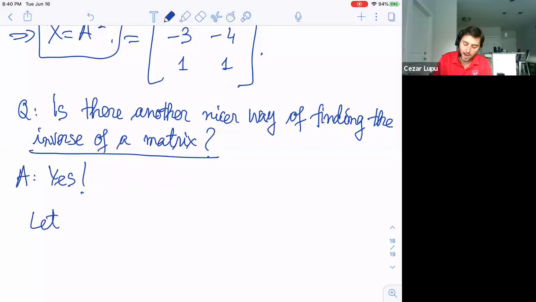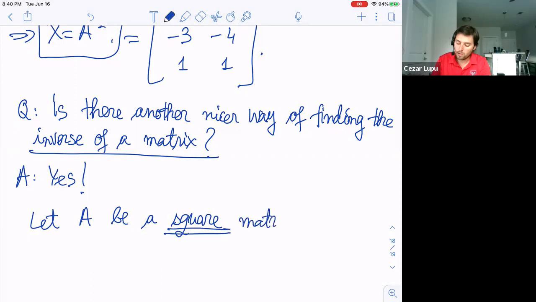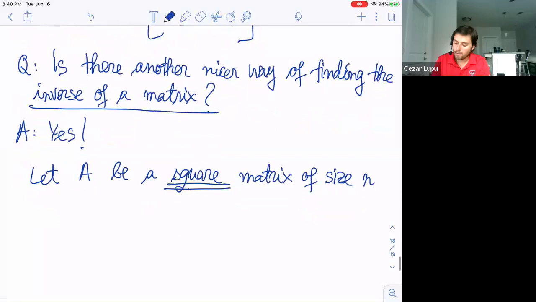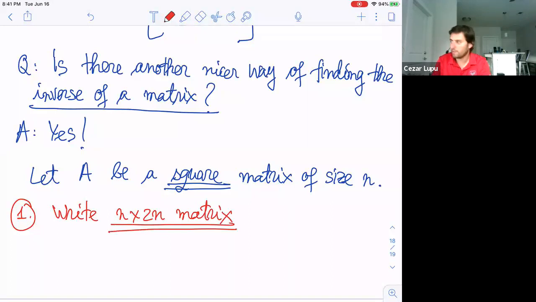So let A be a square matrix, and I want to emphasize this, this is very important, a square matrix of size n, let's say. And the first step is the following. Write, and here I want you to pay attention, an n by 2n matrix. This is very, very important.